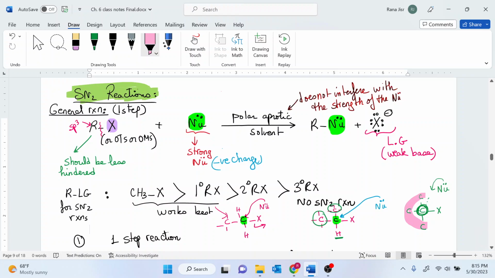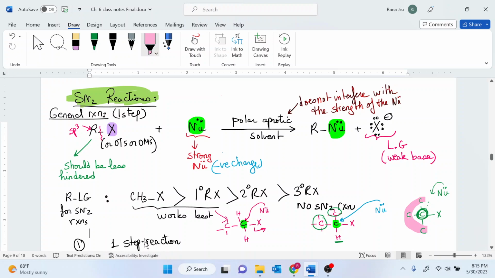The nucleophile will remain strong so that it can come, attack the sp3 hybrid carbon, and the halogen leaves. So these are the three conditions. If these are present, then the reaction is going to follow the SN2 mechanism.